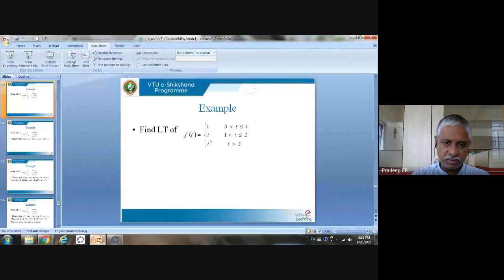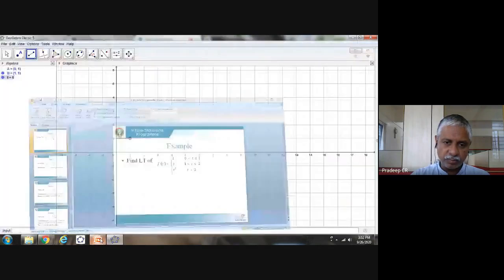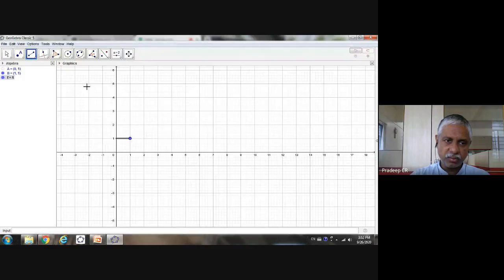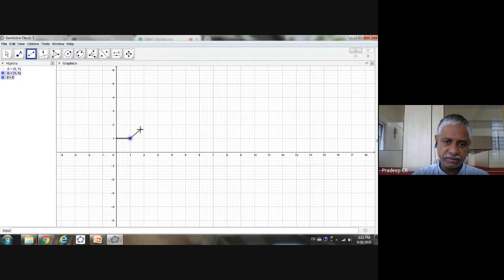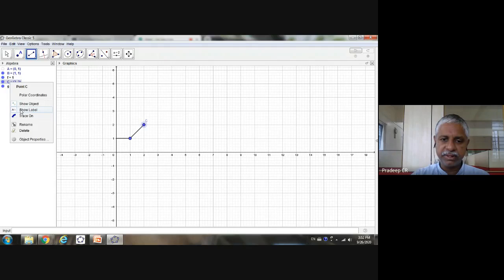That means it looks like a straight line from here to there, 1 to 2. So from 1 to 2, it's a straight line like this. Right? This is what it is. I don't want this to be showing. Okay. So this is how it looks between 0 and 1 and between 1 and 2.